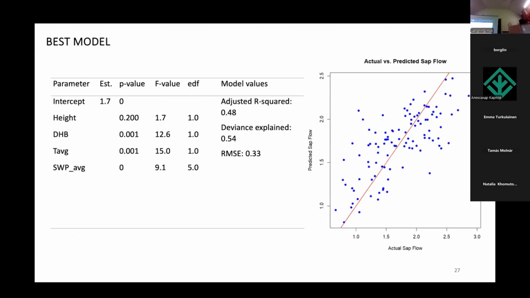This can suggest that diameter and temperature have higher influence on the model, and based on effective degrees of freedom, you can see that three predictors have a linear relationship, which is clear for understanding.